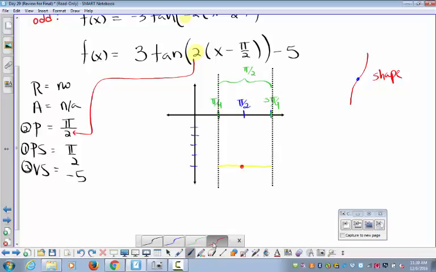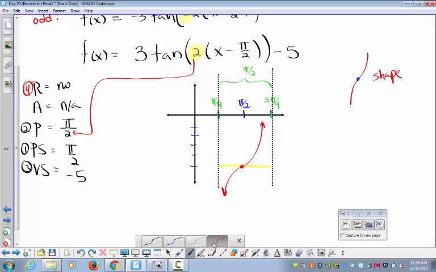So now we have to combine our shape and our reflection to put the curve in here. There is no reflection, so the shape should match. If there was a reflection, the shape would change. We've got this as our graph.